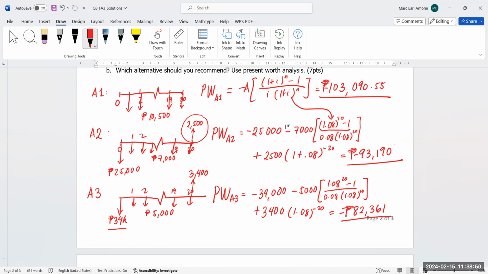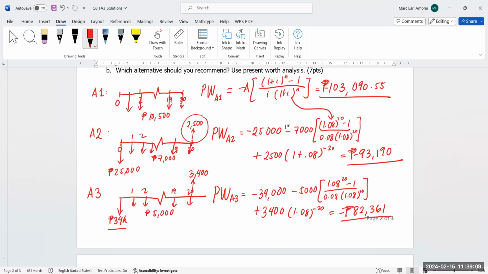So to answer item B, which alternative should you recommend? We choose the present worth value which is the least negative. So among the three, the least negative is alternative number 3.